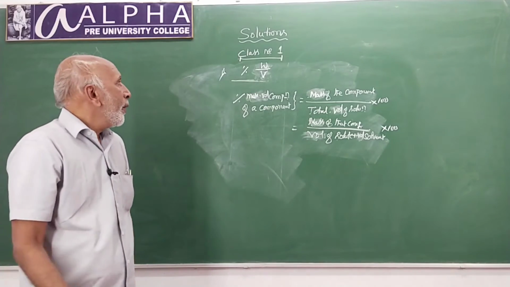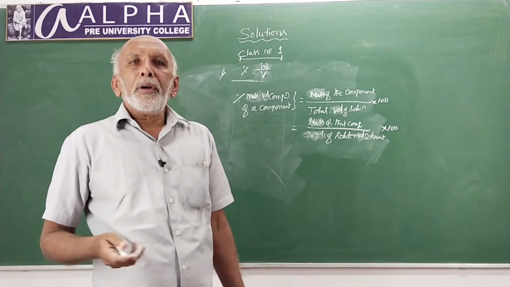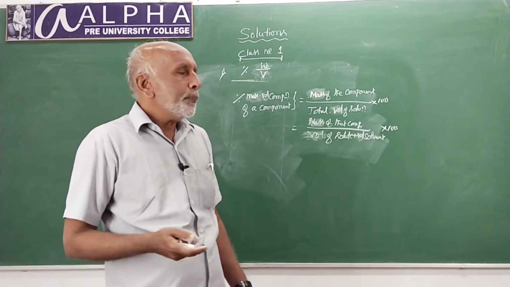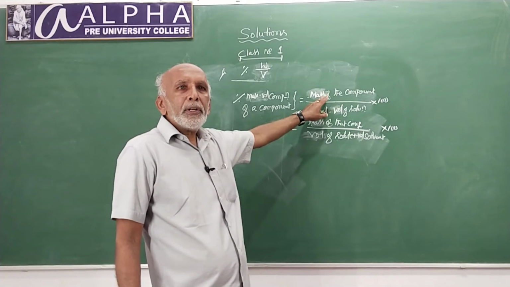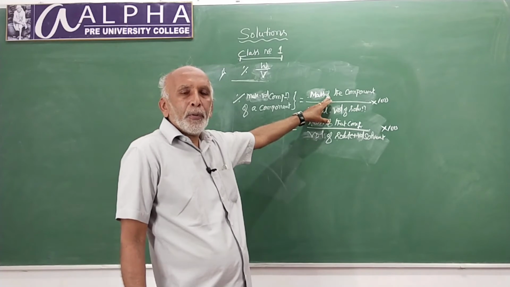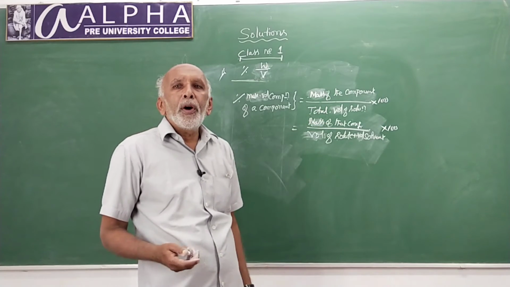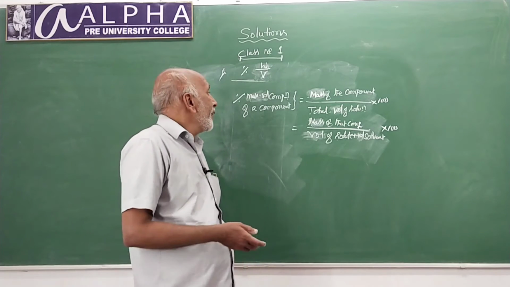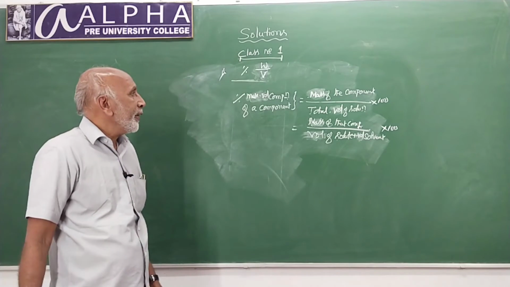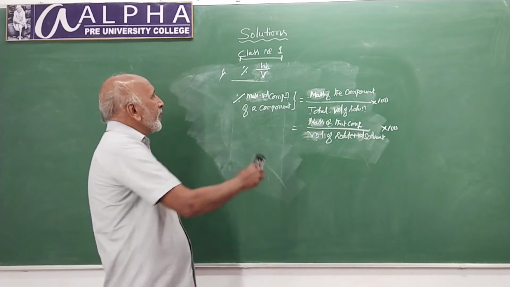Simply you can say percentage mass by volume composition is the percentage ratio of mass of the solute, particular component, to the total volume of the solution. This is another way of expressing the concentration term.